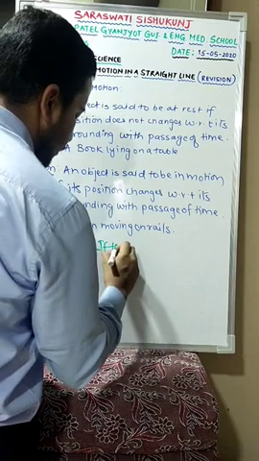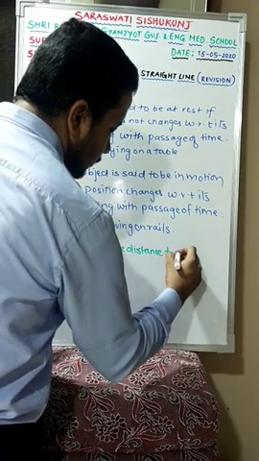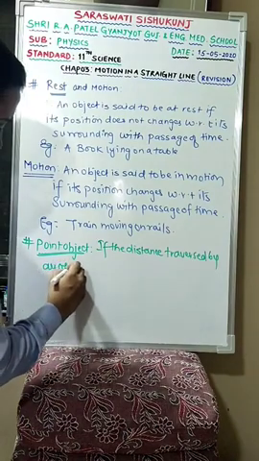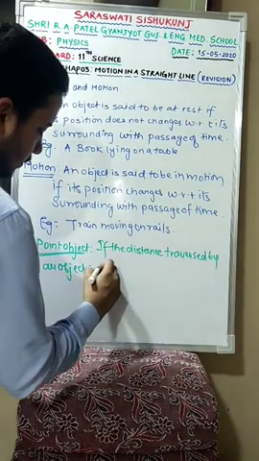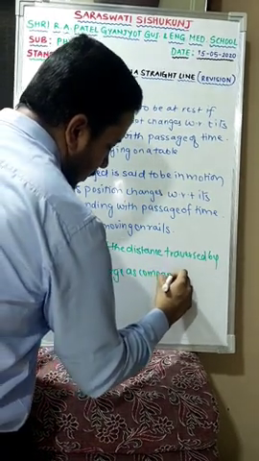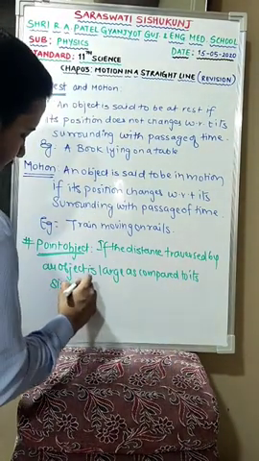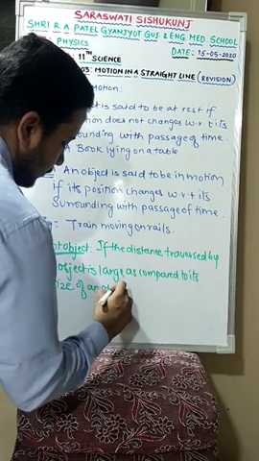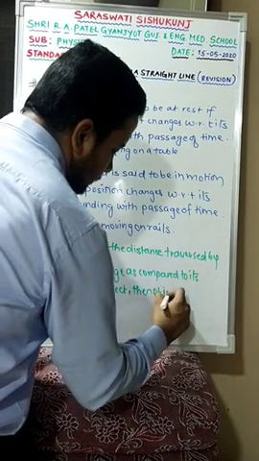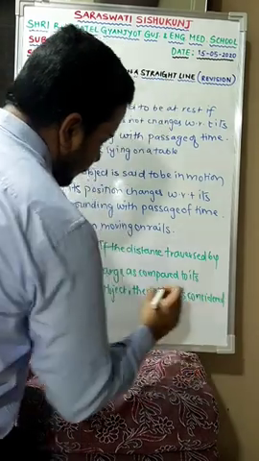If the distance traversed by an object is large as compared to its measurable size, as compared to the size of the object, then the object is considered to be a point object.